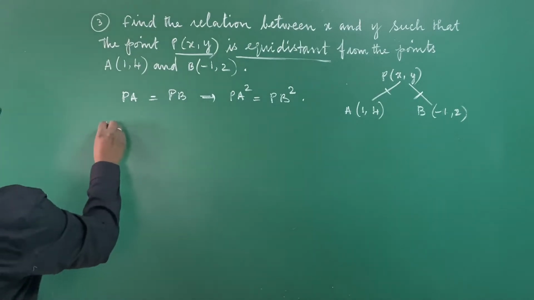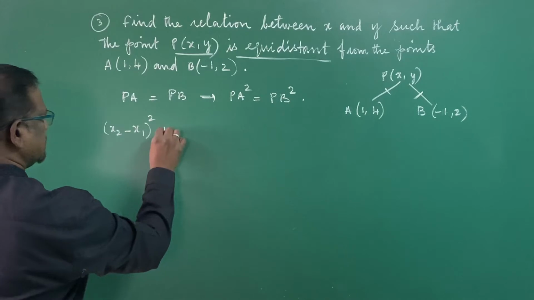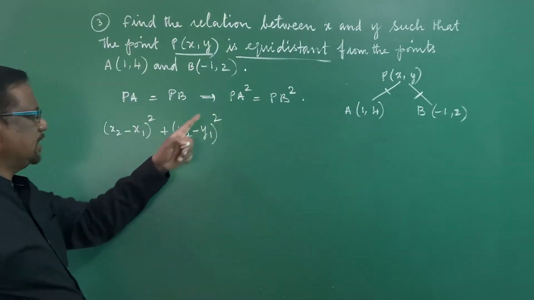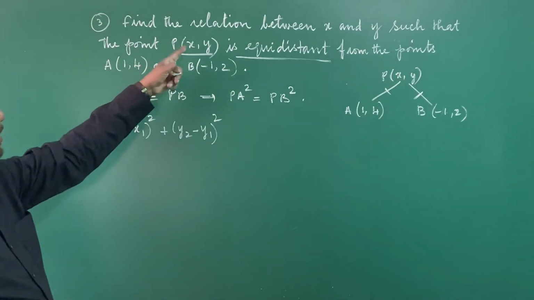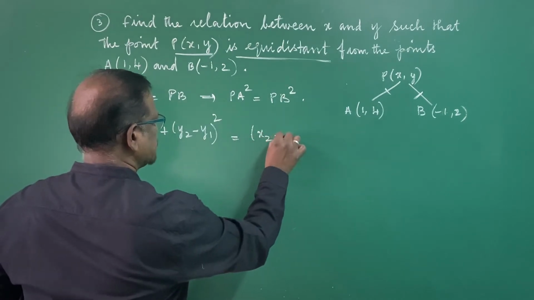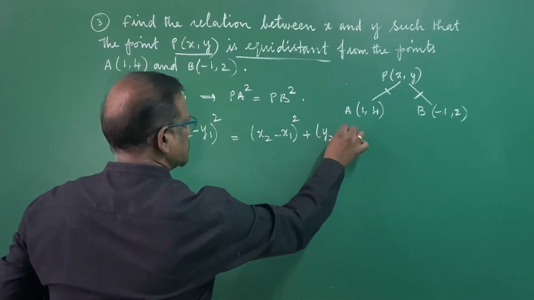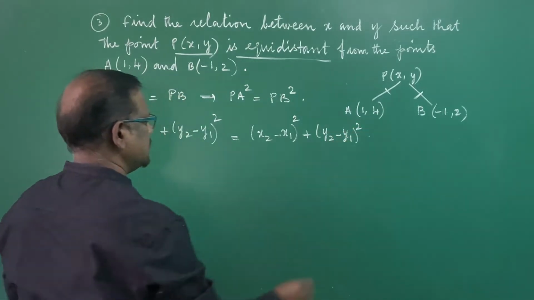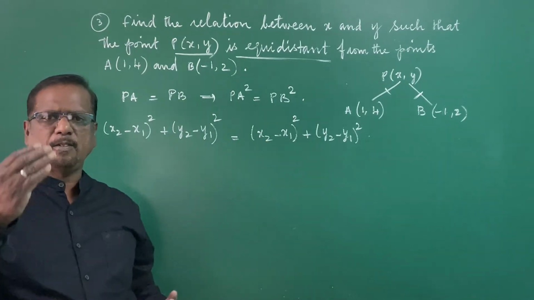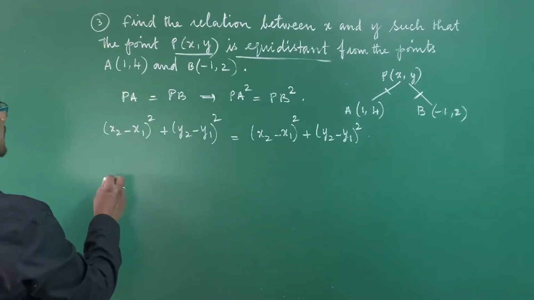In other words, we can write (x2 minus x1) whole square plus (y2 minus y1) whole square between P and A is equal to (x2 minus x1) whole square plus (y2 minus y1) whole square for the 2 points P and B. So let us substitute those values over here.